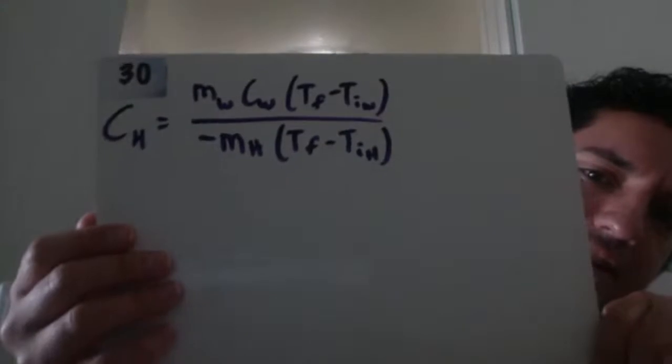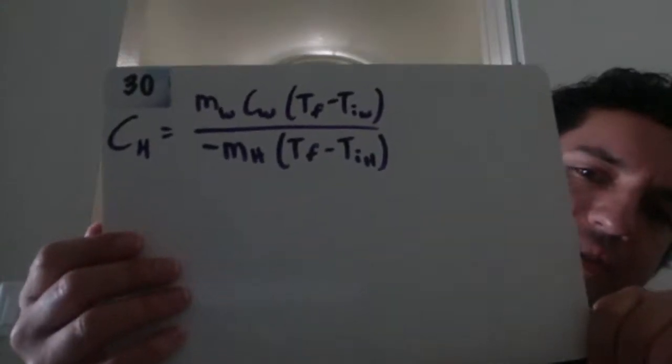So in this case, I want to basically just figure out what the specific heat of the acid is going to be. So let me just plug in my values. The mass of the water was 100 grams. Specific heat of the water is 4.184 joules per gram degrees Celsius. The final temperature was 31.3. The initial temperature of the water was 24.6.